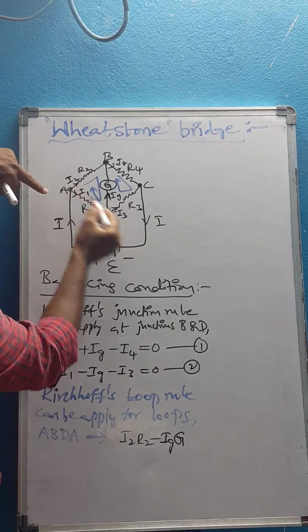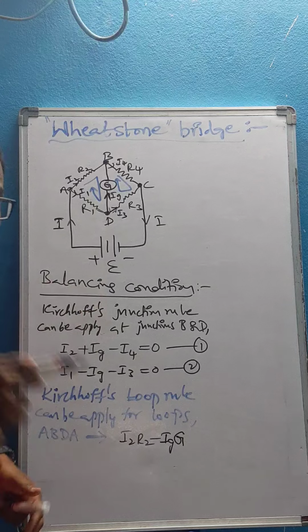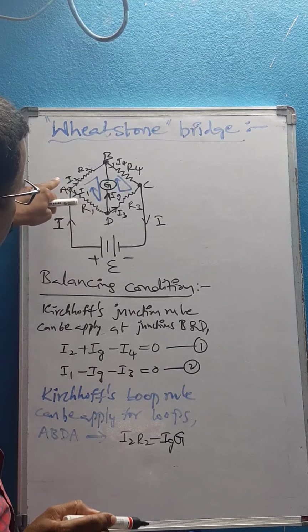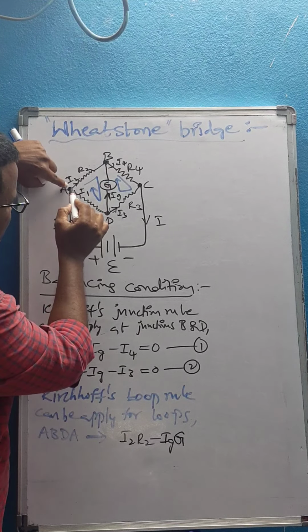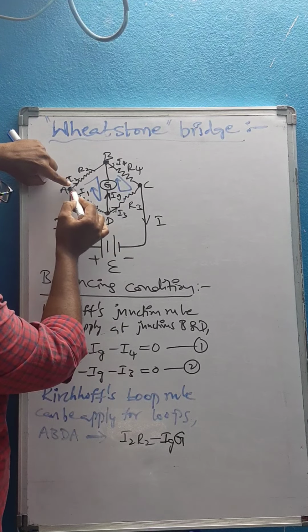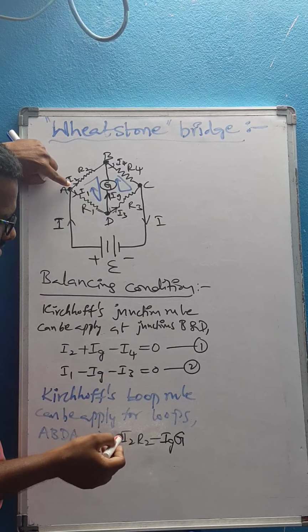I start at point A, go to point B, then to point D, and come back to point A. Now I complete one closed loop.